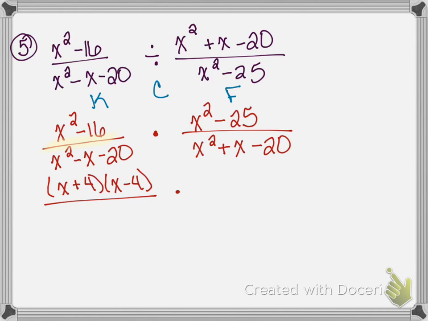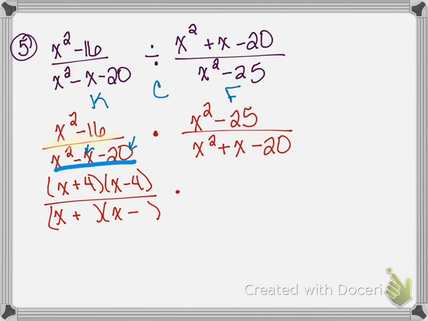So now I'm doing this one right here. X squared minus x minus 20. I have a product that's negative 20. And anytime I have a negative product, I'm going to have one positive and one negative. My sum is negative 1. So I have x plus something and x minus something. X plus 5, x minus 4.